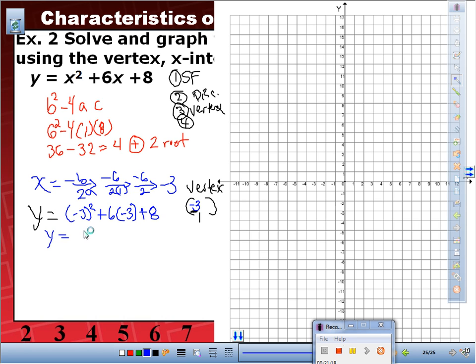Y equals 9 minus 18 plus 8. 9 minus 18, that's negative 9, plus 8, that's what? Negative 1, that's my y value. So this is my vertex. I'm done with this. Okay, so that was step 4. Step 5, turn to your neighbor, know what step 5 is.